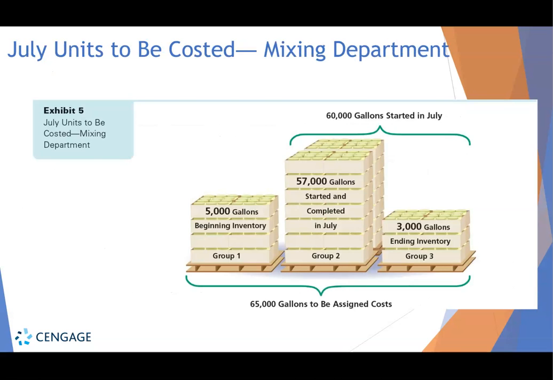So this slide here shows that these groups of units, which we call gallons, in the mixing department for July, the 5,000 gallons of beginning inventory were completed and transferred out to the packaging department. And then during July, 60,000 gallons of materials were started. They went into the mixing department.